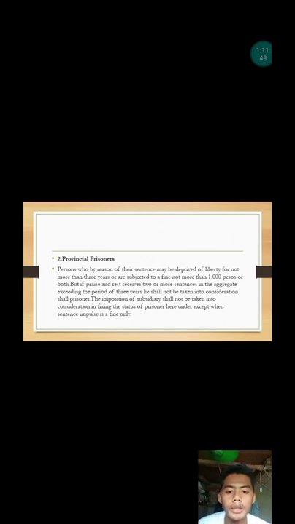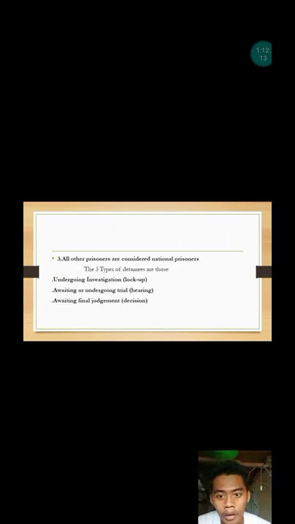The imposition of subsidiary imprisonment shall not be taken into consideration in fixing the status of prisoners hereunder, except when the sentence imposed is a fine only. So the provincial prisoner is deprived for not more than 3 years and also fined not more than 1,000 pesos, or both. All other prisoners are considered national prisoners.